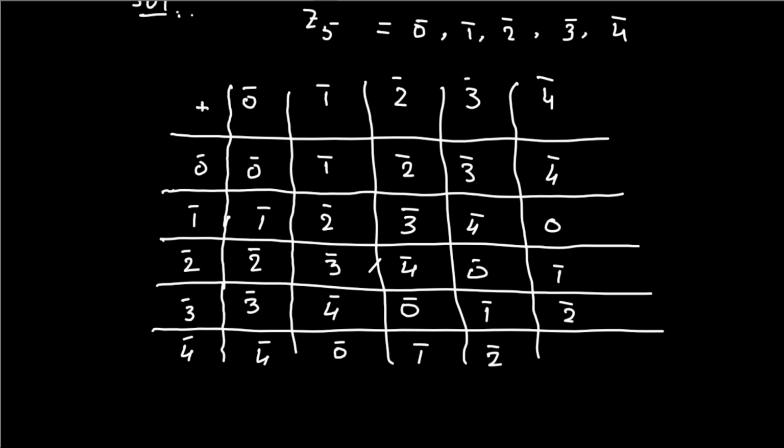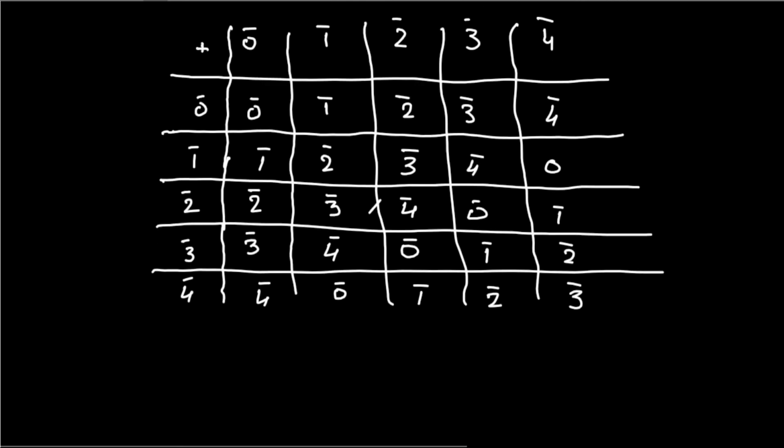So you have now constructed this table of Z5, and we want to check it for integral domain or field. It means that all the properties of integral domain should be satisfied, or if you are talking about a field, the first is that 0 is the identity element.